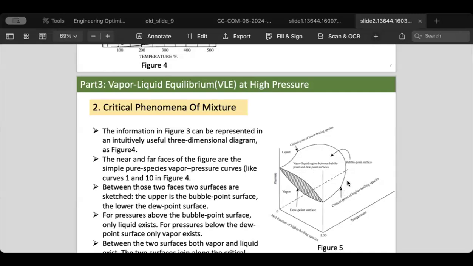But once you increase the temperature, you see that it also changes the vapor-liquid equilibrium. Finally, all these curves and surfaces approach the same value at the critical point. The shape is like a sack.